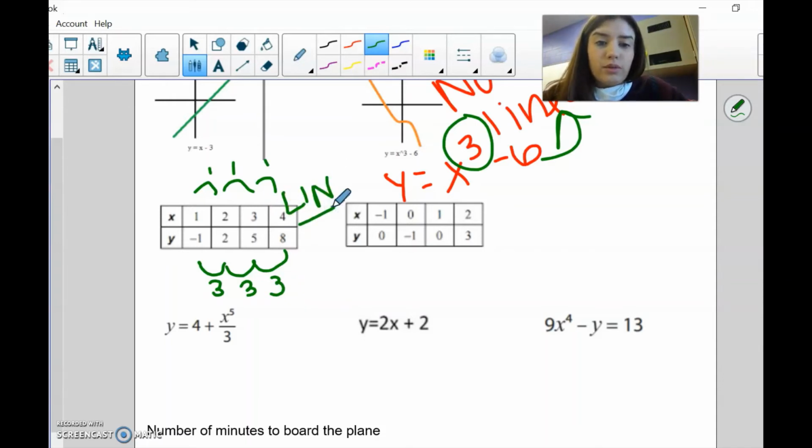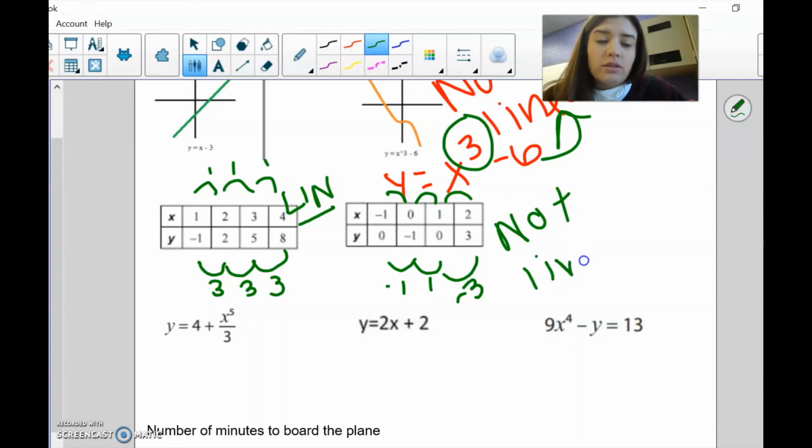If we look to the one on the right, it's going up by 1 on the x side, and it's going down by 1, up by 1, and then up by 3. So this is not linear. It's not a constant rate of change.